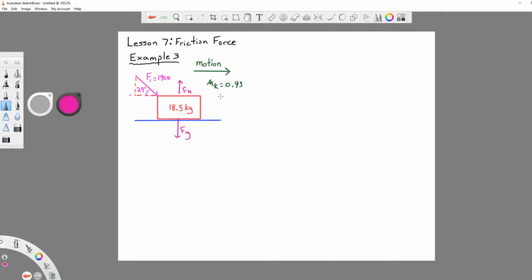What else have we got going on here? We've got friction moving against the motion. Motion is going to the right, meaning that our force of friction has got to be to the left. So force of friction to the left.